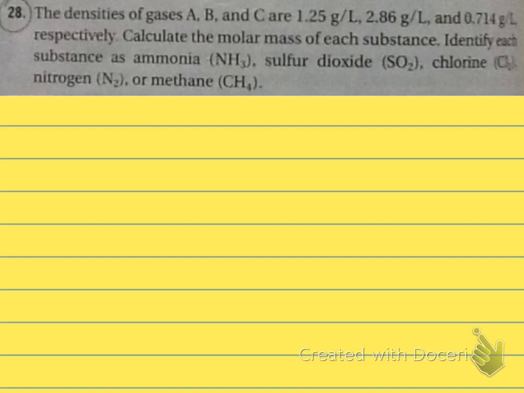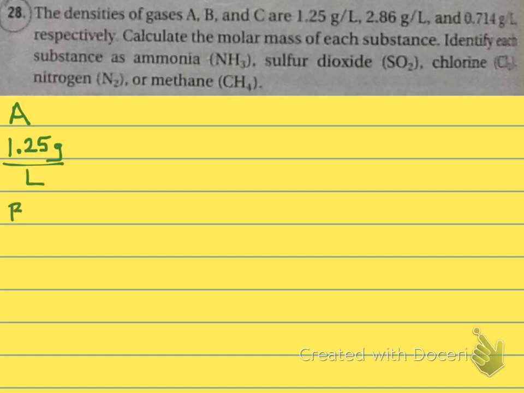Number 28. The densities of gases A, B, and C are 1.25 grams per liter, 2.86 grams per liter, and 0.714 grams per liter, respectively. Calculate the molar mass of each substance. Identify each substance as ammonia, sulfur dioxide, chlorine, nitrogen, or methane. So I have gas A, which has 1.25 grams per liter.